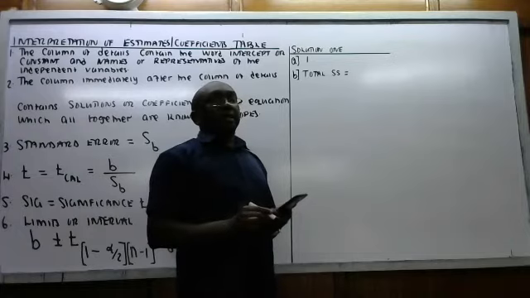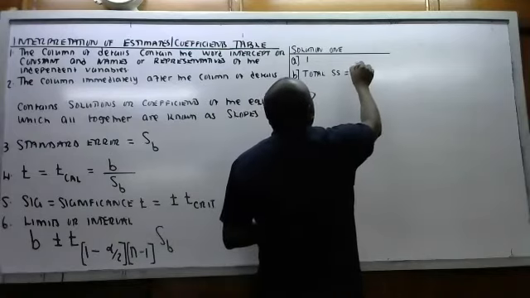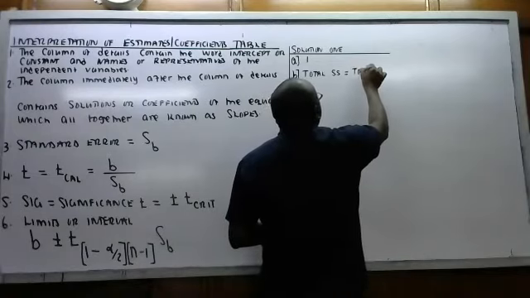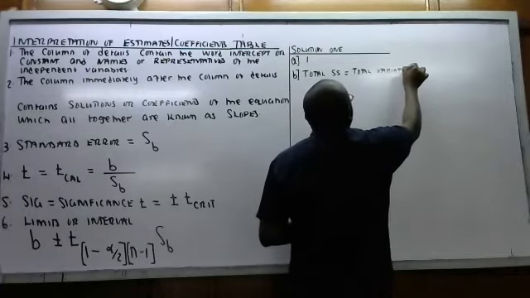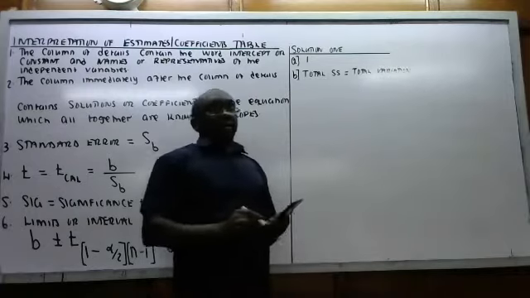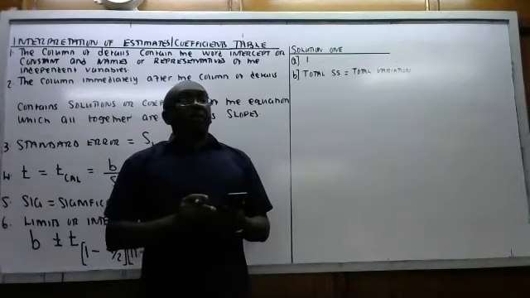Total SS is equal to? Yes. You can give us total variation, or you can call it total sum of squares. You don't just say sum of squares. That's a different thing.